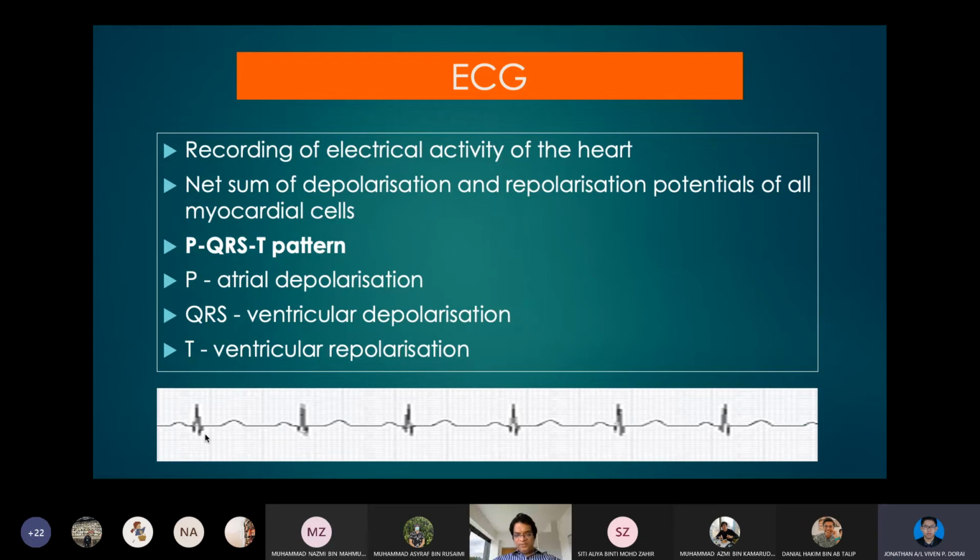Which ions are responsible? Calcium and sodium. Excellent. Repolarization is for the potassium, right? We don't bother much if it is not MI. Actually, for arrhythmia, we have to see P and QRS mostly. T, we have to see for MI patients. That is another part. I don't want to discuss that. But today, our focus will be on the sodium channel and also the calcium channel.